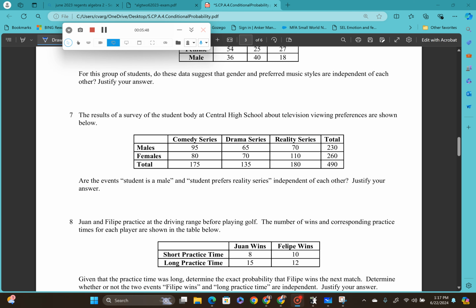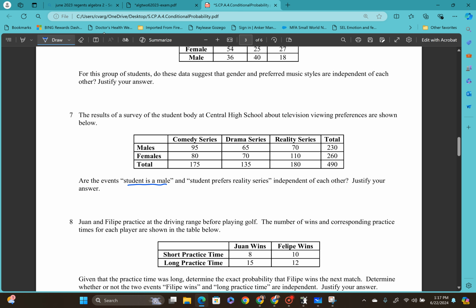All right. For independence, I'm going to do question number 7. You can take a look at the question. Are the events student is a male and student prefers reality series independent of each other? Cool.